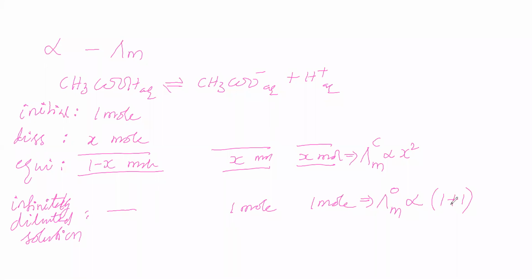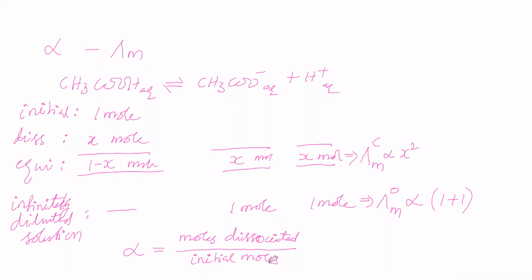Now we will consider the degree of dissociation, alpha, which is equal to the number of moles dissociated divided by the initial number of moles.